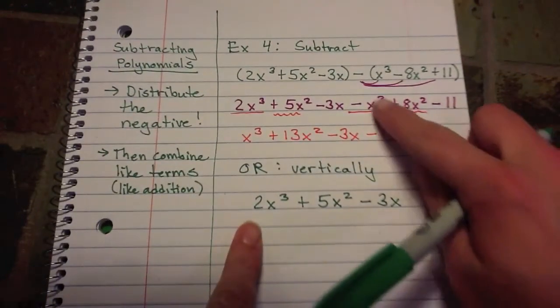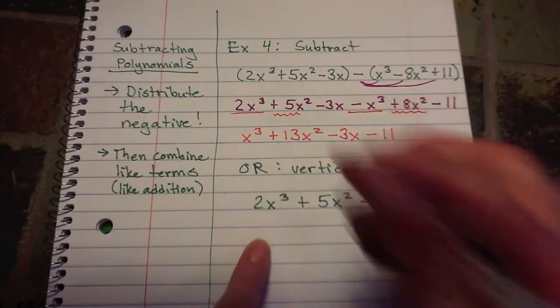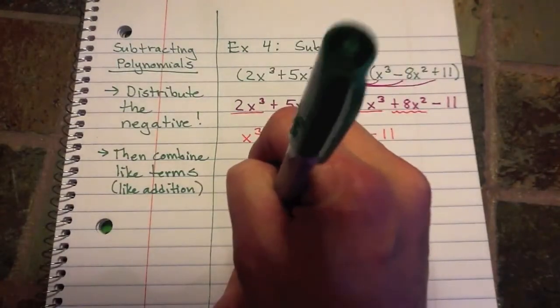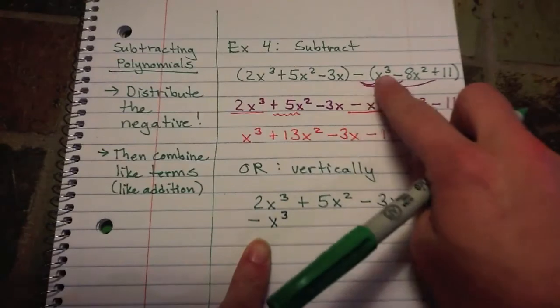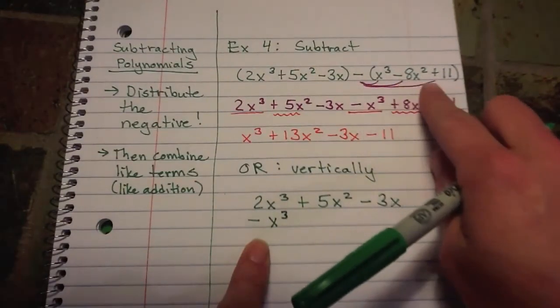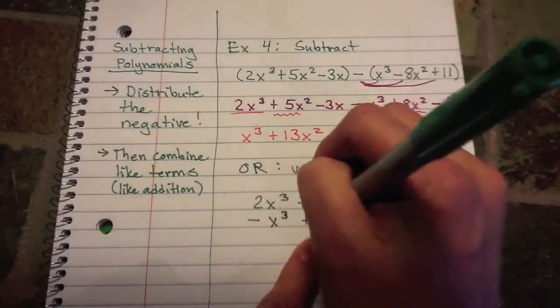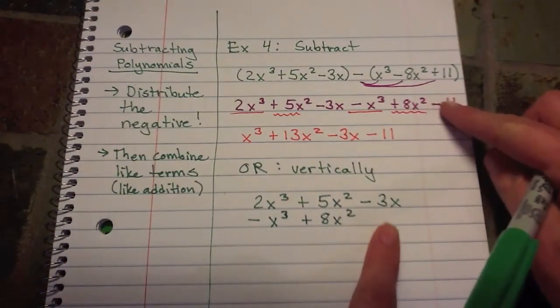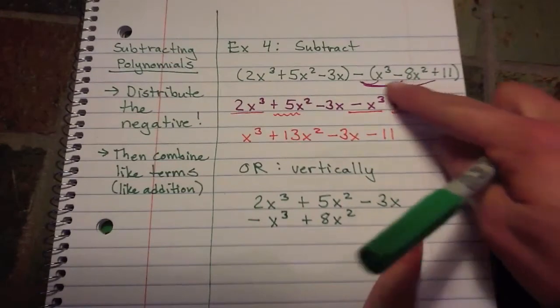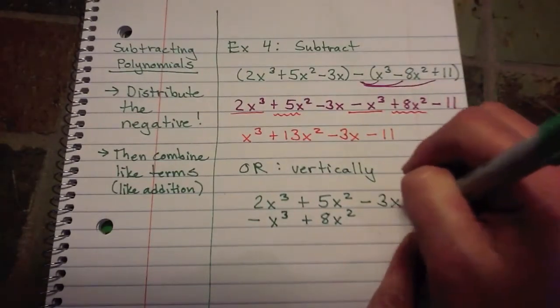So now, as I distribute my negative, I have a negative x cubed here. It's kind of like when we were doing our systems of equations and you distributed that negative. Then I end up with a positive 8x squared. I don't have an x, so I'm not going to put anything there, but then I have a negative 11.